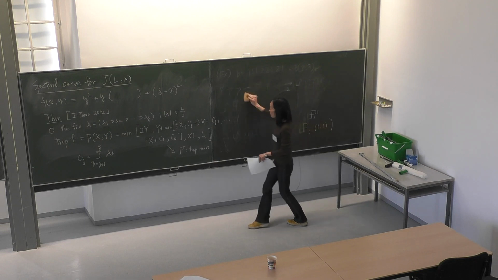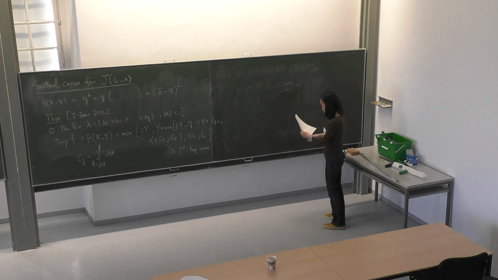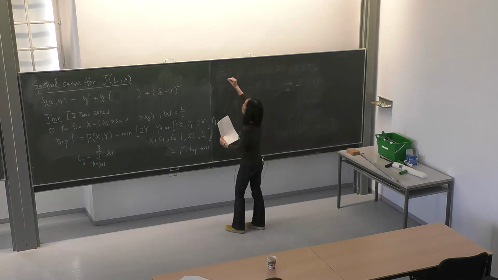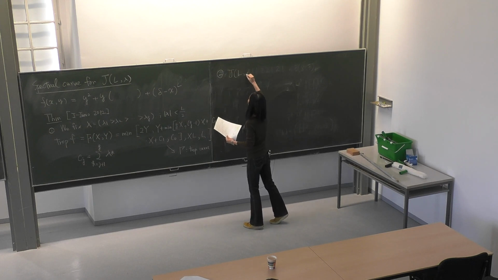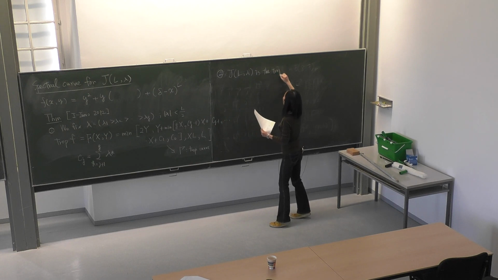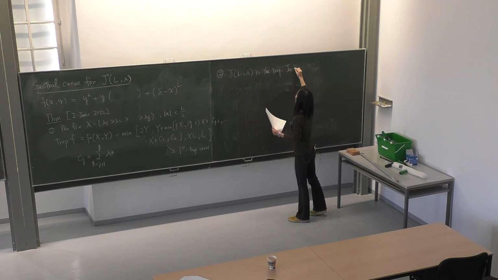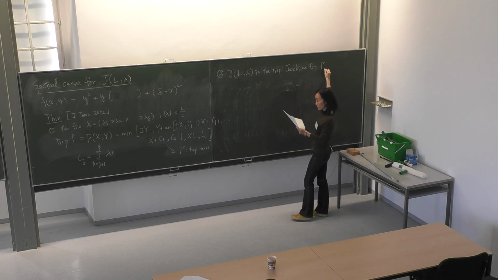Then I show how the period matrix A appears. The second claim is that J is the tropical Jacobian for this gamma.